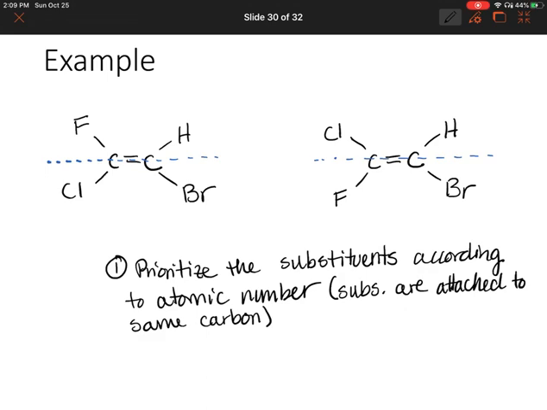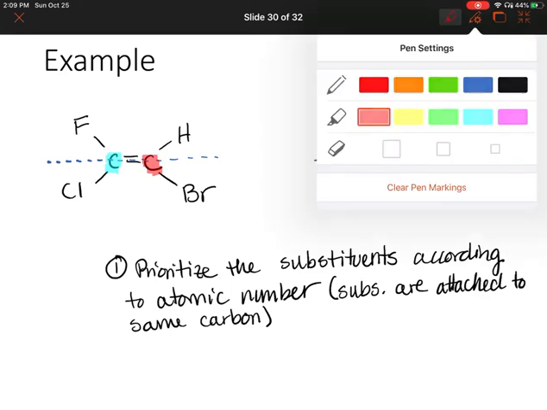So for instance, let's look at the molecule on the left. We're going to first prioritize the substituents bonded to the blue carbon, and then we'll prioritize the substituents bonded to the red carbon. And then we'll do the same for the molecule on the right.